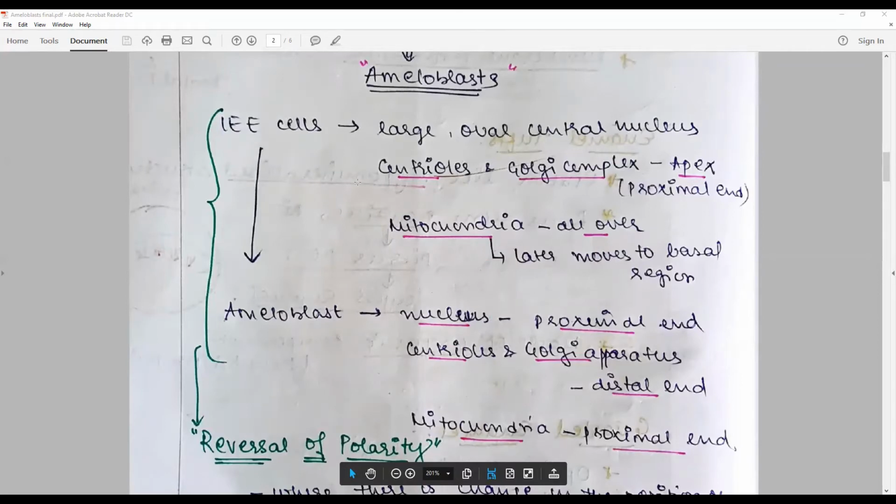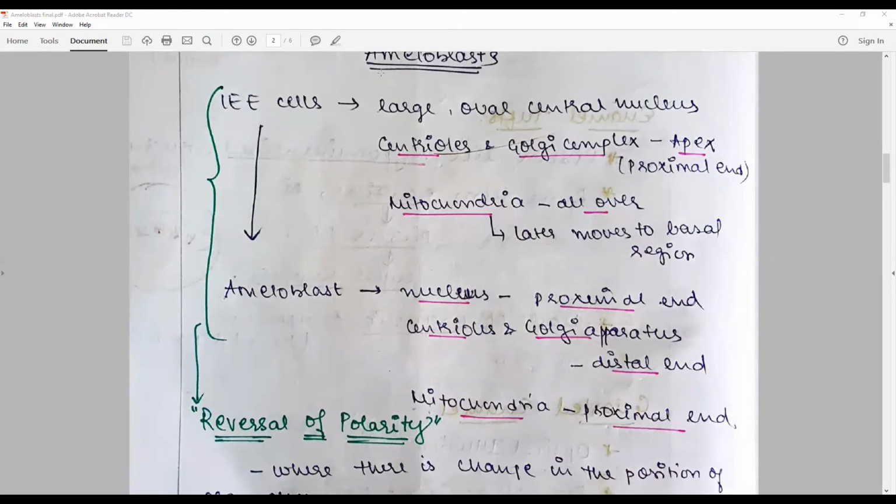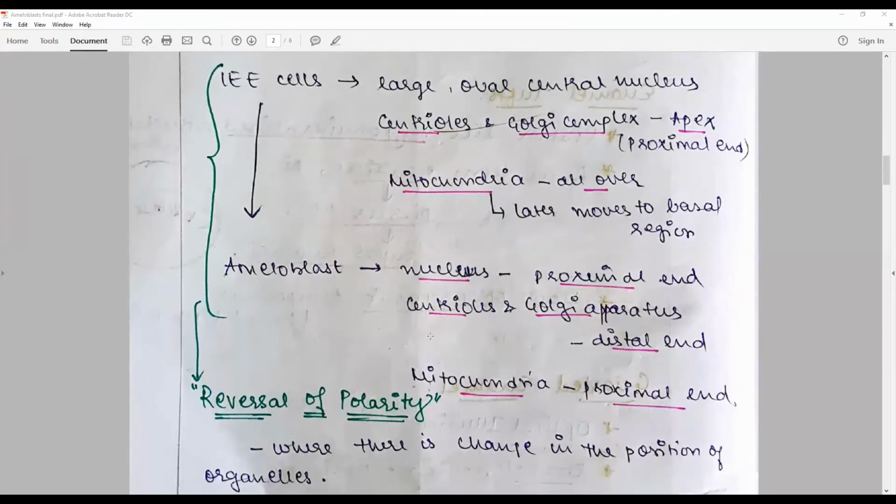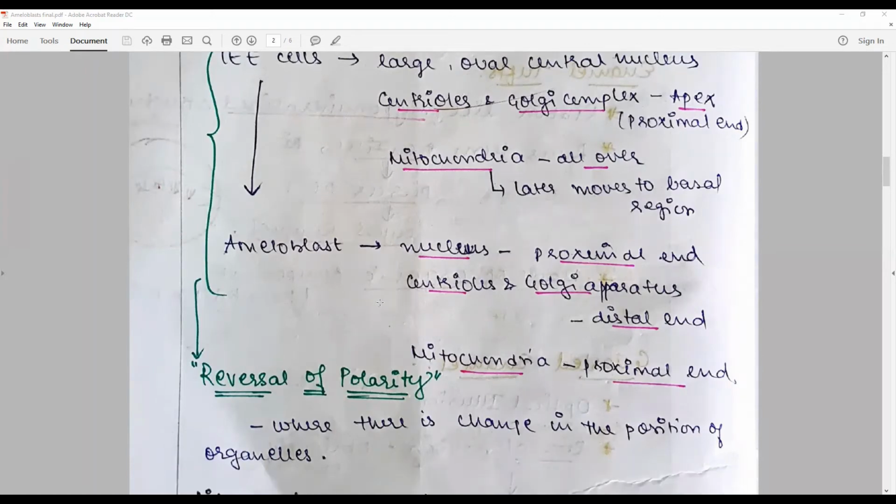See how the candidate has beautifully and effectively portrayed the whole shifting process in a couple of lines. This entire process is called reversal of polarity, where there is a change in the positions of organelles. Very important, very crisply seen, effectively progressed.